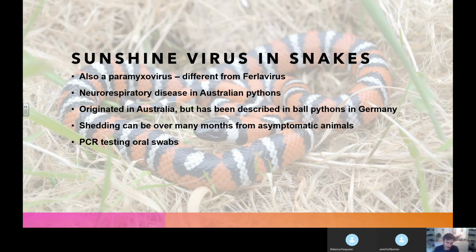And again, we are lucky in that a lot of these viruses nowadays, whereas we couldn't 10 years ago, we can test for them. And again, sunshine virus, we can do a PCR test on oral swabs. So I think sunshine virus is an interesting one. And I've not diagnosed a case yet, but I'm sure I will with time.